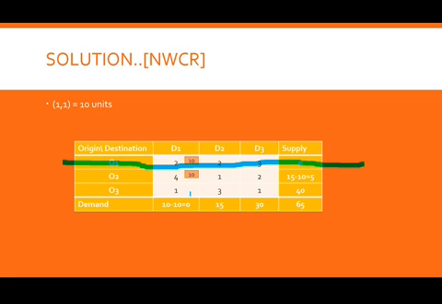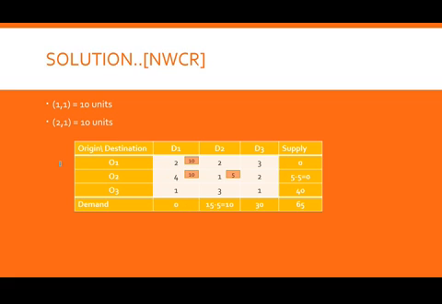So now out of the remaining matrix, the top left corner or the northwest corner is O2 D1. So here we are supposed to make an allocation. Demand is 10, supply is 15, so you can satisfy 10. So I will get supply as 15 minus 10, 5, demand as 10 minus 10, 0. So I get an allocation at 2 comma 1 with 10 units. So the first row is gone and the first column is gone now.